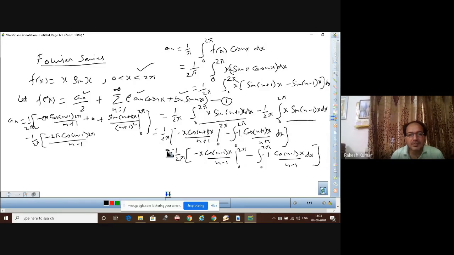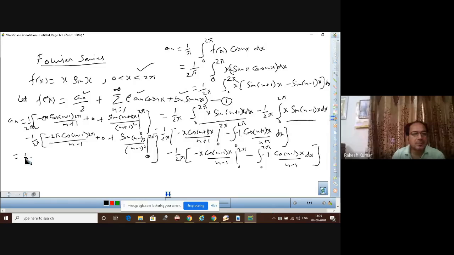For lower limit 0, it comes out to be 0, and minus and minus is plus, and integration of cos comes out to be sine. So it comes out to be plus sine (n minus 1)x upon (n minus 1) square, because n minus 1 is already there, within the limits 0 to 2 pi. Close the bracket.